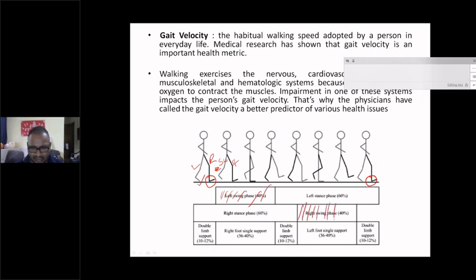The red color is the swing phase. So first the left foot is in the swing phase. After that, what is happening? The right foot is coming into swing phase from here onwards. So when your left foot is in the swing phase, the right foot is in the stance phase. That means the right foot is on the ground.